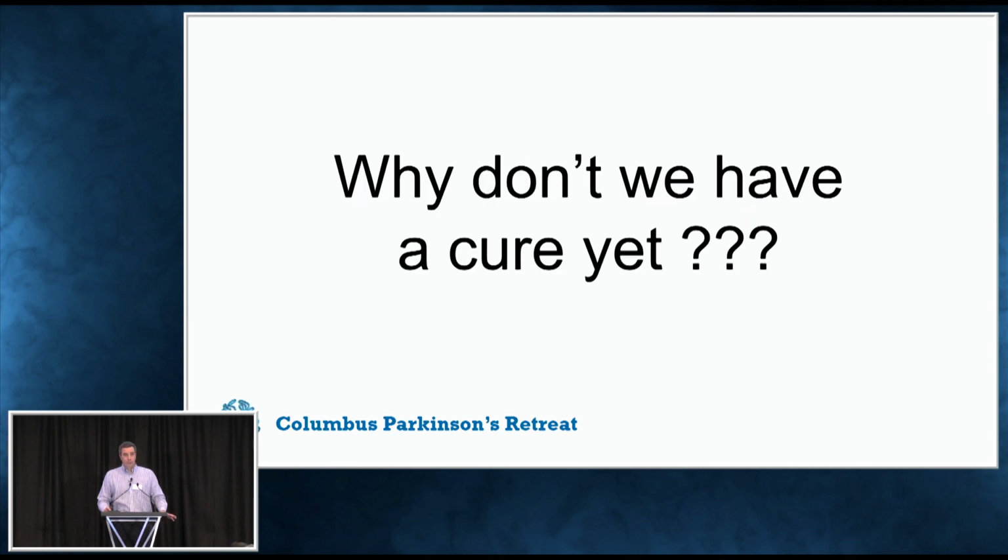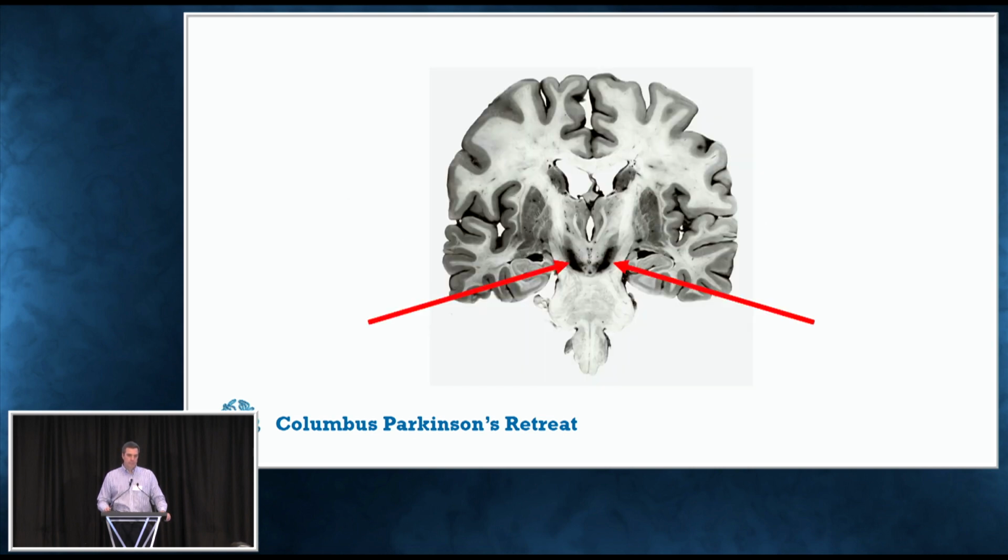Why don't we have a cure yet? I'm asked this a lot. There are a lot of reasons for that. One of the reasons that really comes to mind is that the primary driving pathology of Parkinson's disease is in these deep cells, the substantia nigra, dark substance.